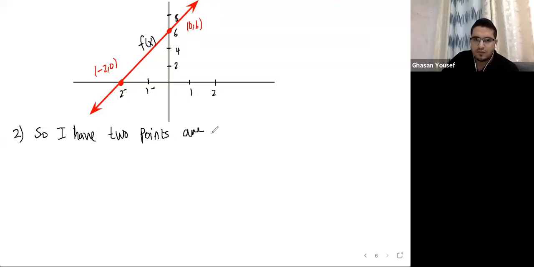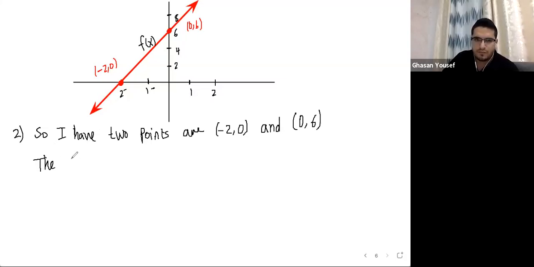Are -2, 0, and 0, 6. Slope equals the difference of y over the difference of x.